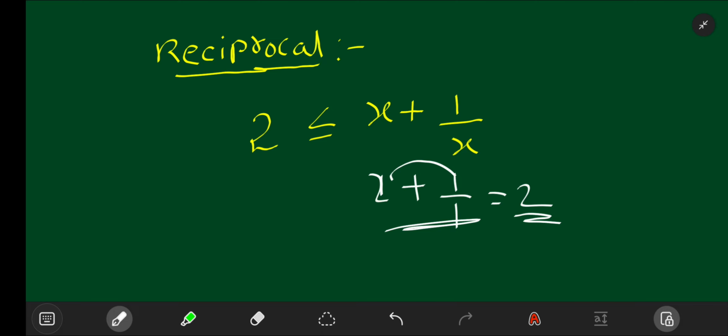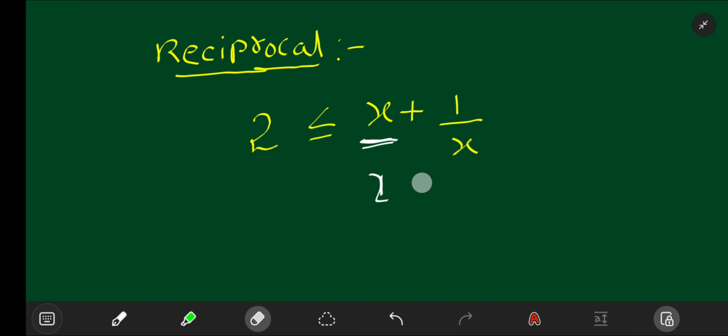If you keep 2 or something else for any number at the place of x, the value goes on increasing only. When you keep any natural number at the place of x, it will go on increasing only. So this is the minimum value, the starting value of this expression.